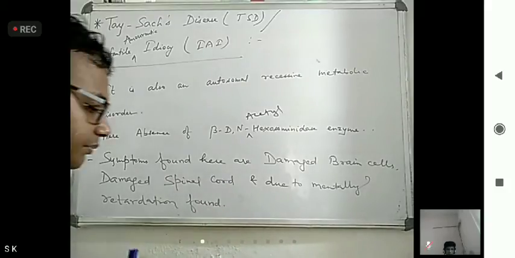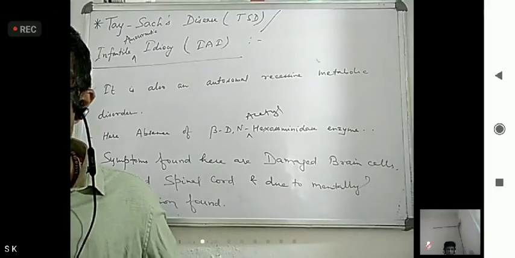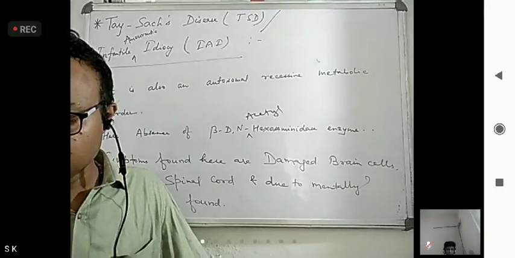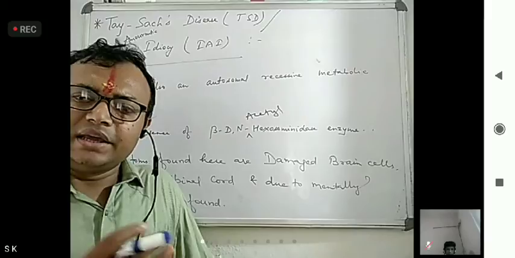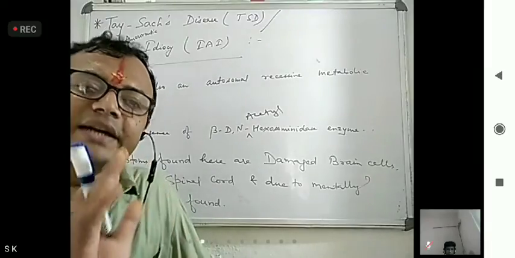Okay, so due to that, what happens here? Mental retardation found here. Now at the age of 3 to 4 years, the child becomes dead.